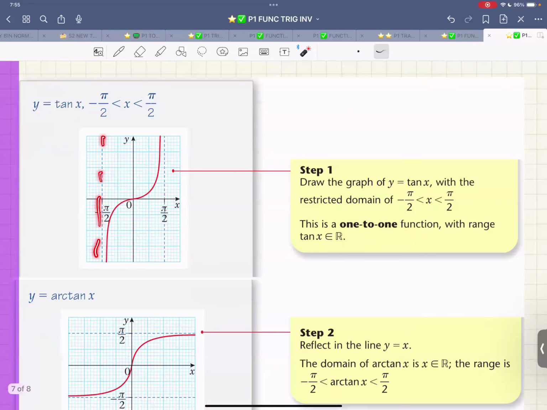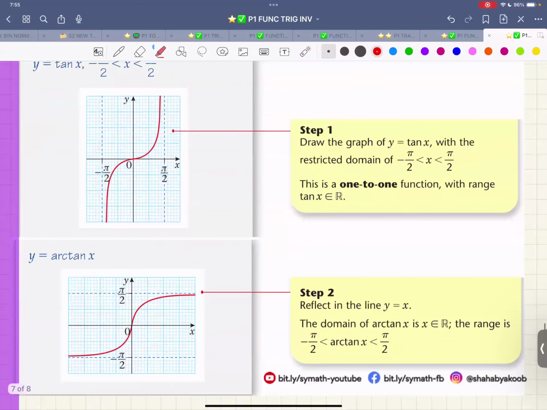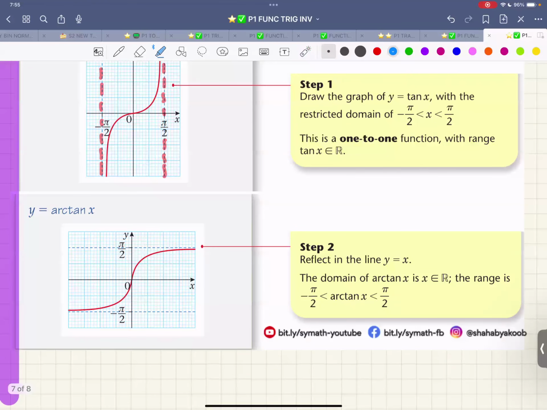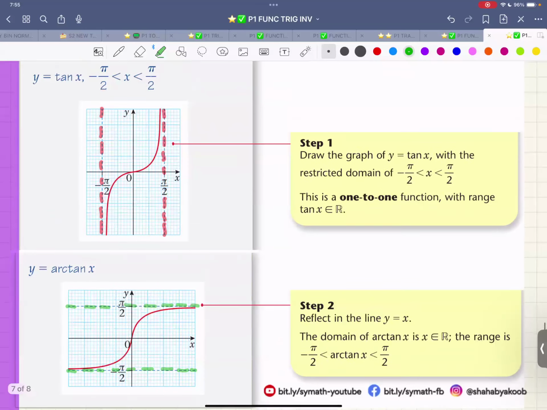These vertical asymptotes become horizontal asymptotes. So let me first label that as the vertical asymptote. And now it has become horizontal asymptote. So let me label in blue color, green color. And it's going like this. And look at the shape of the graph.